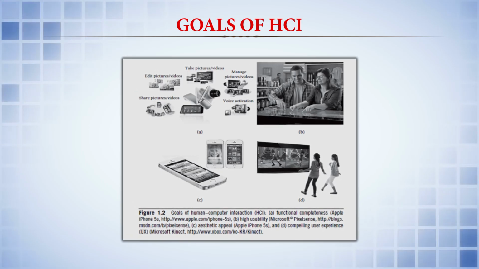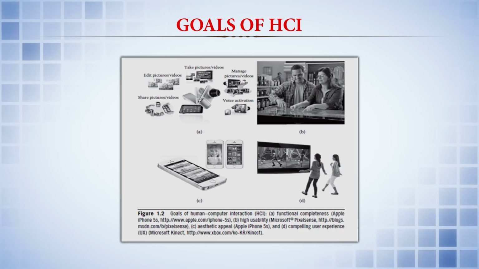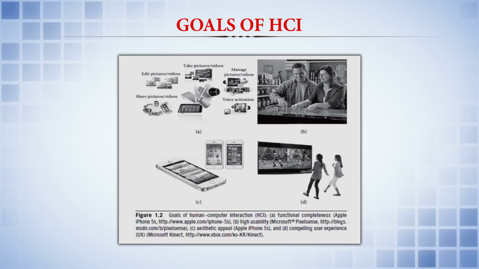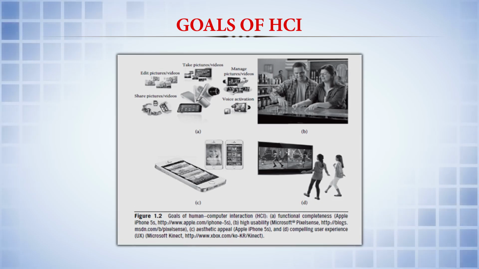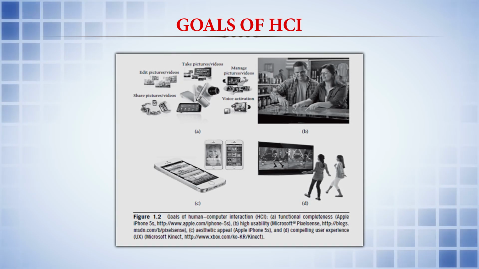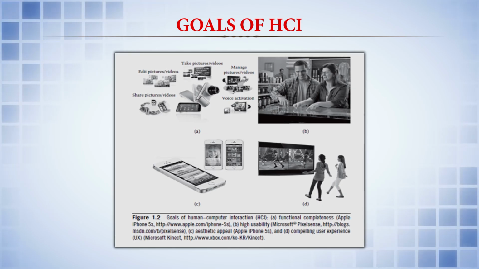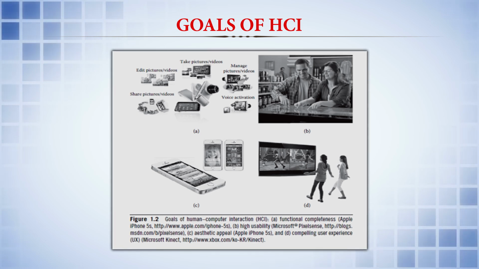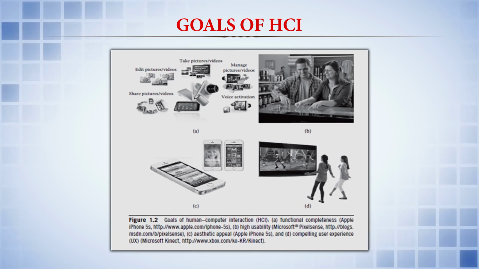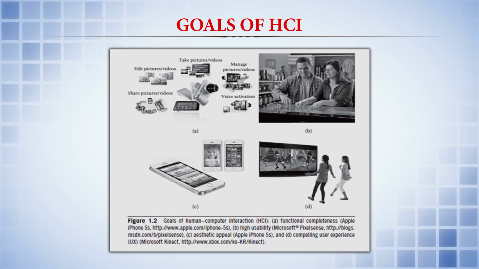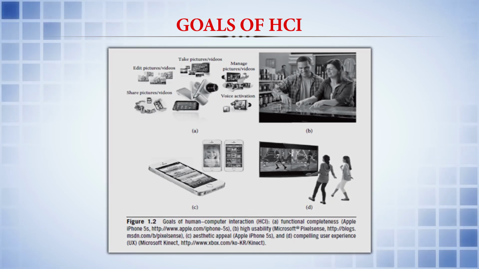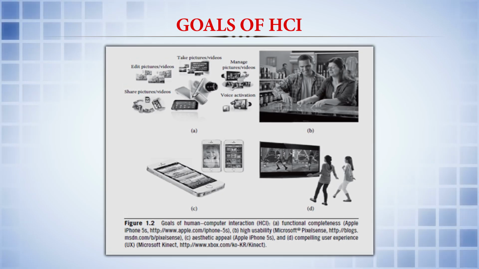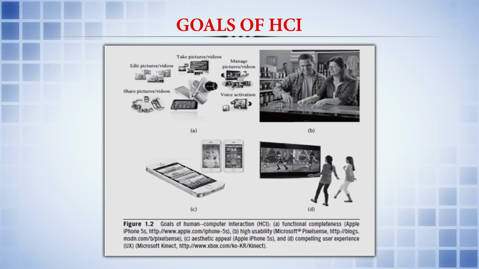All the 4 goals I had listed in figure 1.a: you can see the Apple devices; the second is talking about high usability, the third about aesthetic appeal, and the fourth about the user experience factor. Like 2 students playing a football game or any game, by looking at the LED screen, they are directly experiencing the play that they intend to.